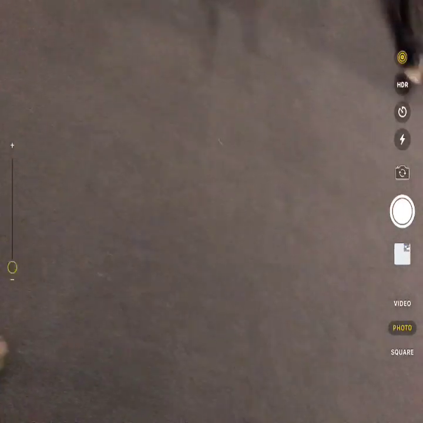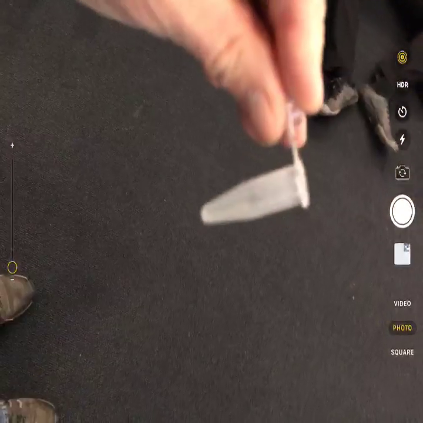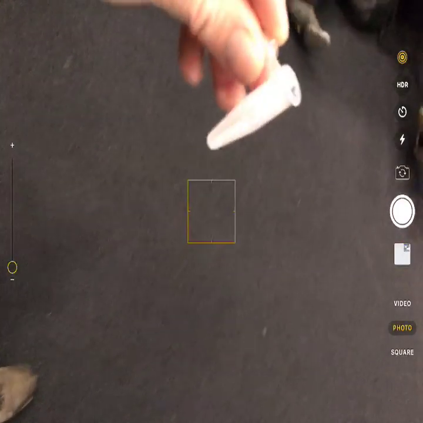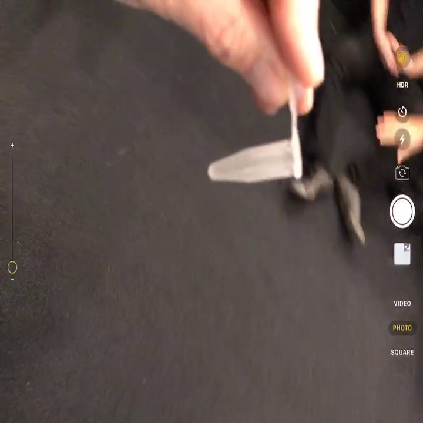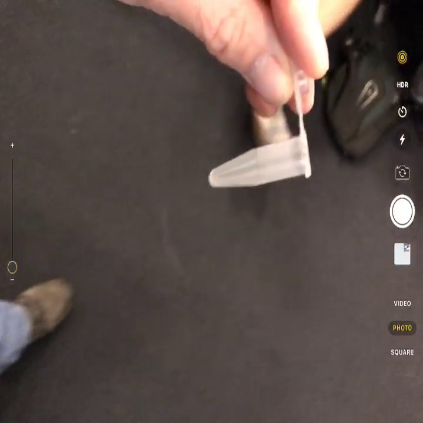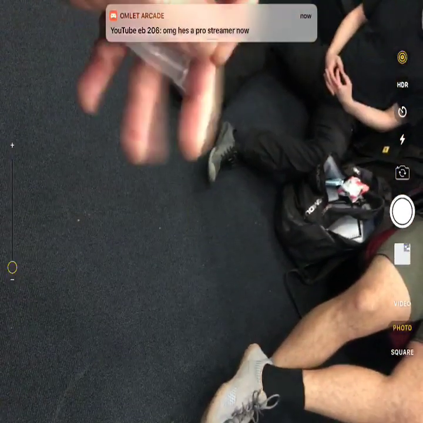They are small plastic tubes. Can you see them? You find them in the lab. They hold about 1.5 milliliters. Good thing is you can close them.